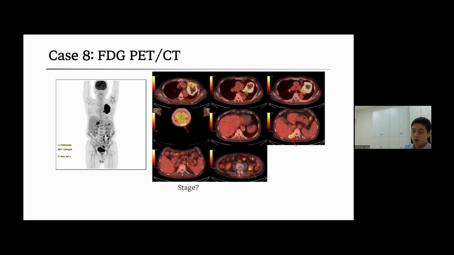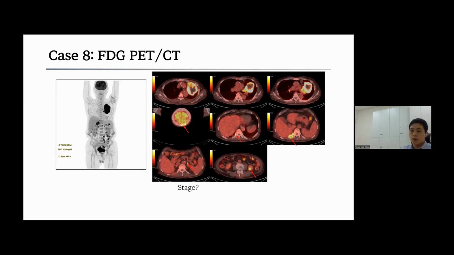The frequently involved distant metastatic locations from non-small cell lung cancer include the contralateral lung, liver, brain, adrenal gland, bones and kidneys. So we should check these organs when reading the FDG-PET images of patients with relatively advanced T or N stage lung cancer.